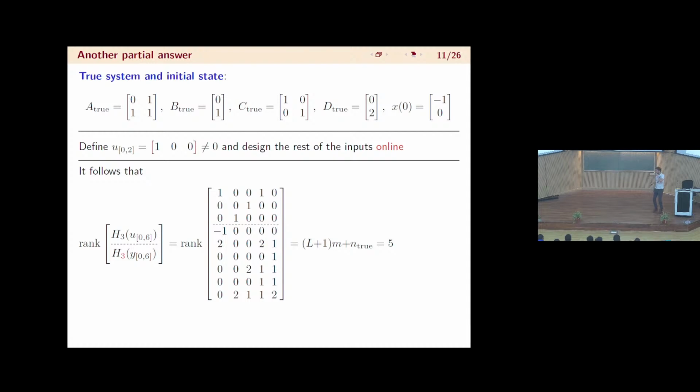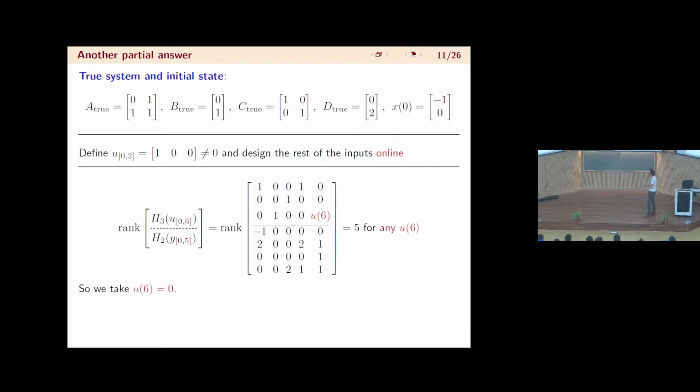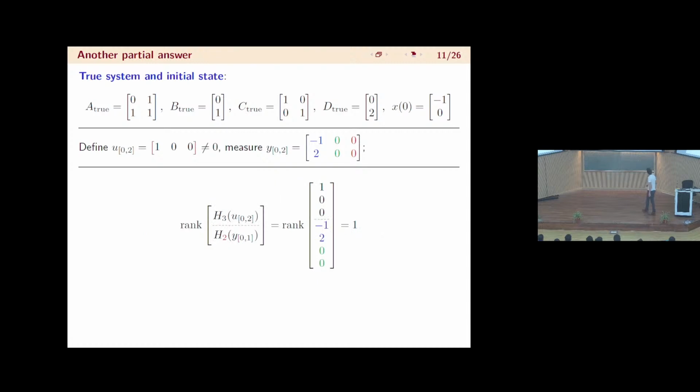I want to stress one aspect, which I swept a little bit under the rug about this online experiment. If we look at this Hankel matrix, I have here 3 rows of the inputs and 2 rows of the outputs. Instead, before I was considering these Hankel matrices with the same number of block rows of the inputs and outputs.